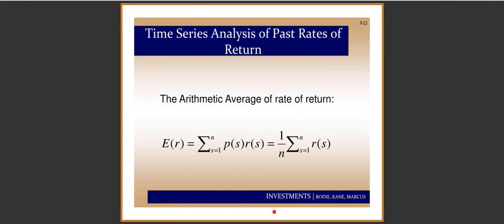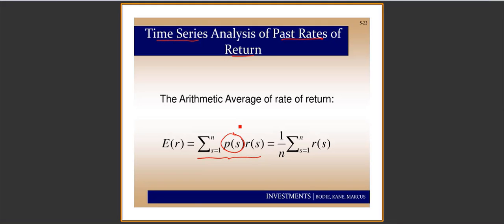Well, these next slides, I think, take us to something a little bit easier. This is a time series analysis of past rates of return. Well, because they're in the past, we're not forecasting them, are we? In fact, we know they've occurred. They've occurred with equal probability. I mean, they've all occurred. If you'll look at, there's that probability again, right?